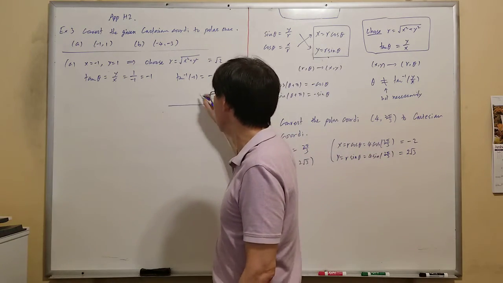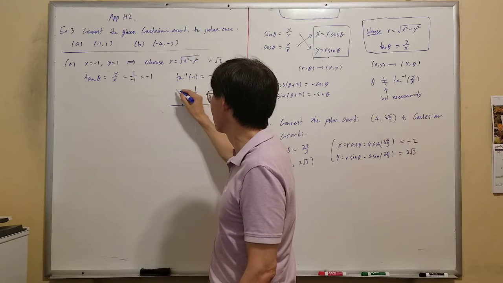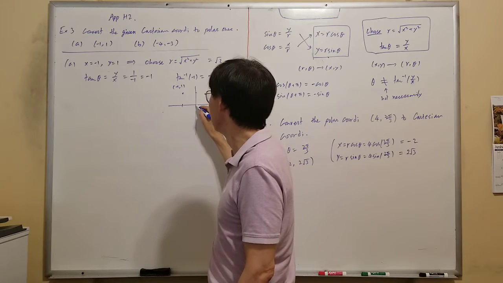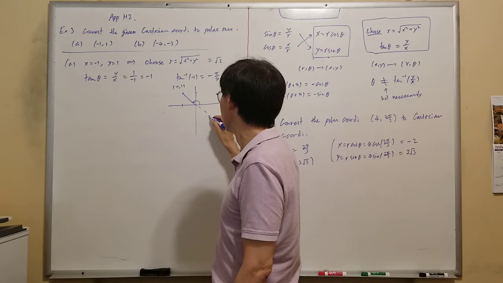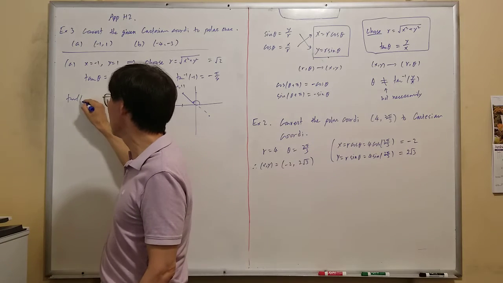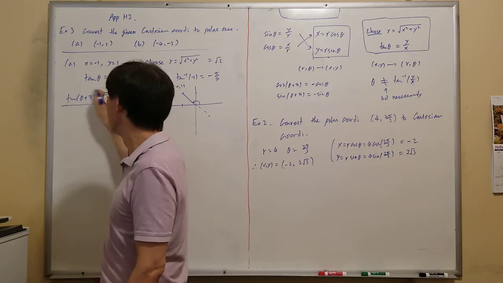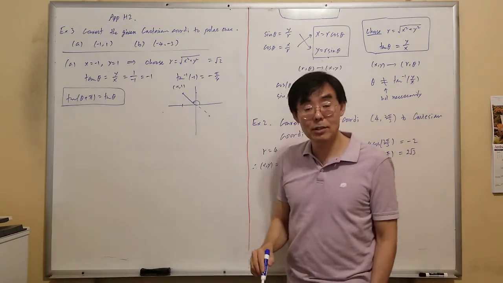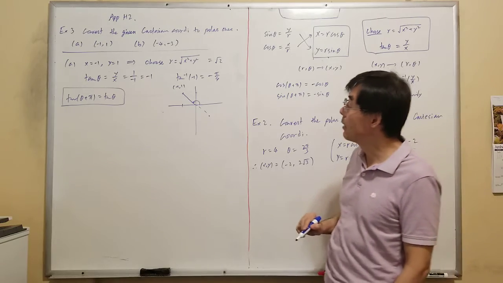But negative 1, 1 is in the second quadrant, right? Not here. It's minus pi over 4. You know, because tangent of theta plus pi is always the same as tangent theta, which means tangent is a periodic function with fundamental period pi.